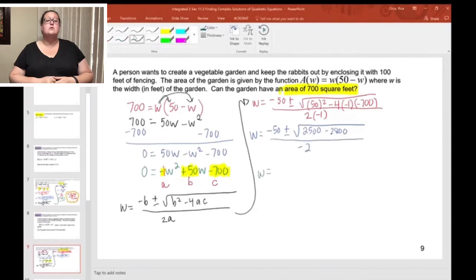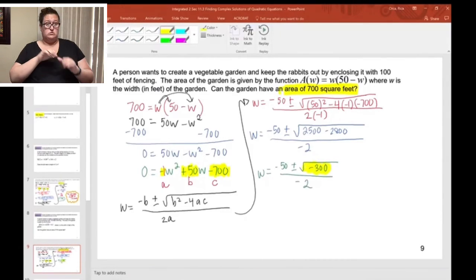So w equals negative 50 plus or minus the square root of 2,500 minus 2,800, which is negative 300, over negative 2. Before we go any further, look at the number under the radical. Notice how that number is negative. So this tells me that my solution is going to be an imaginary number. And because it's imaginary, it doesn't exist. So just keep that in mind.